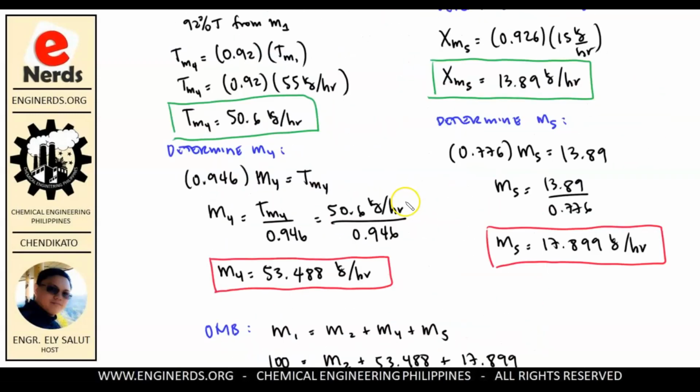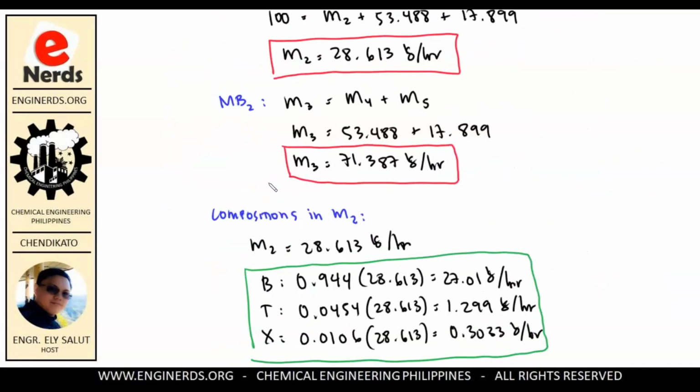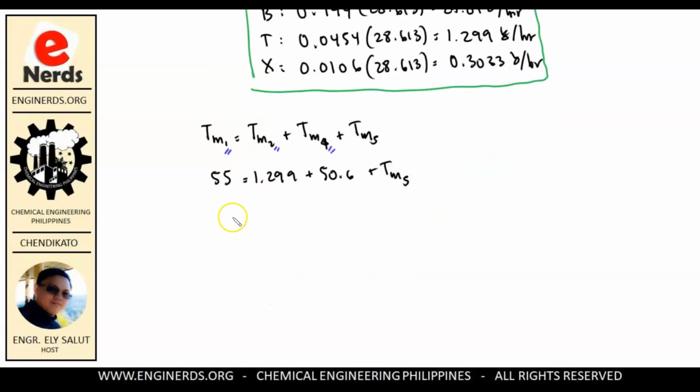Our toluene in M4, this one, is equal to 50.6 kilogram per hour. So, plus toluene in M5. Now, we can calculate for the toluene in M5. Our toluene in M5 is equal to 55 minus 1.299 minus 50.6.